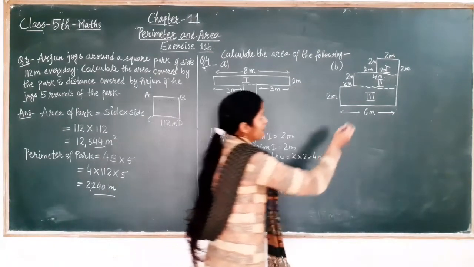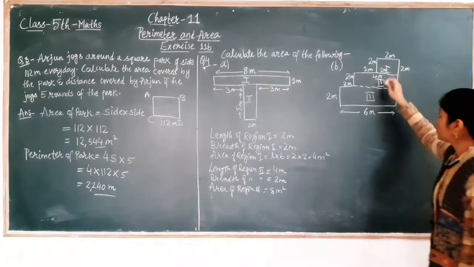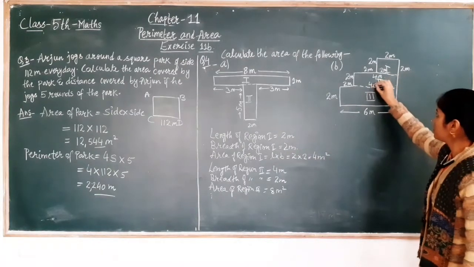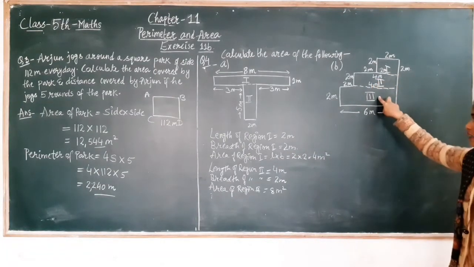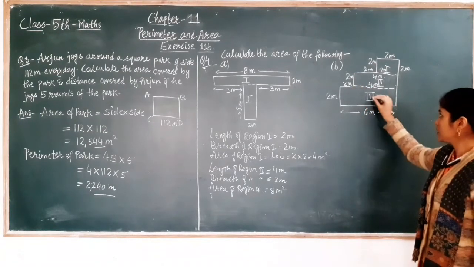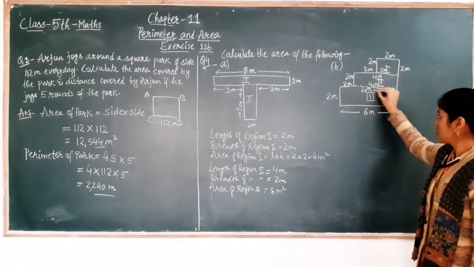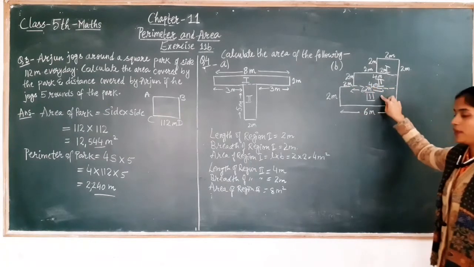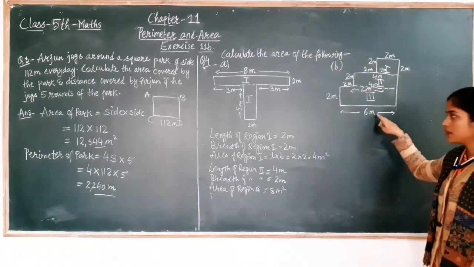The same way, if this is 4, this would also be 4. So length of region third would be 4 plus 2, that is 6 meters. Here it is given as 6 meters.